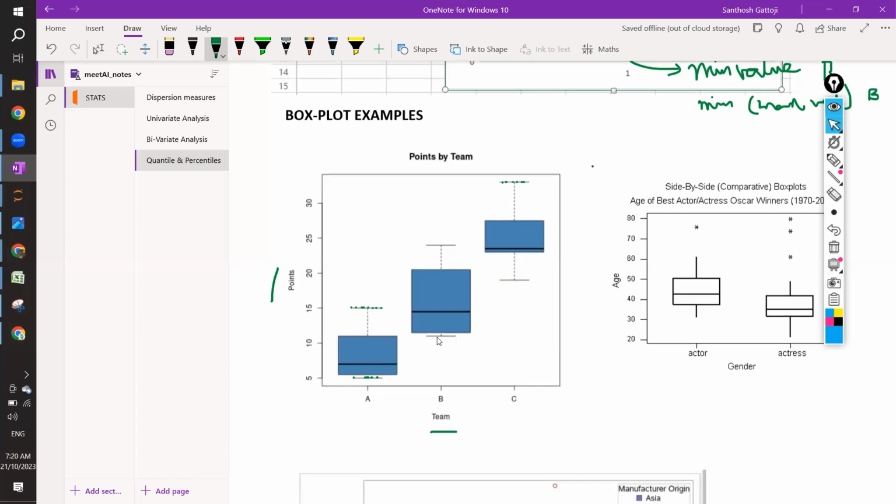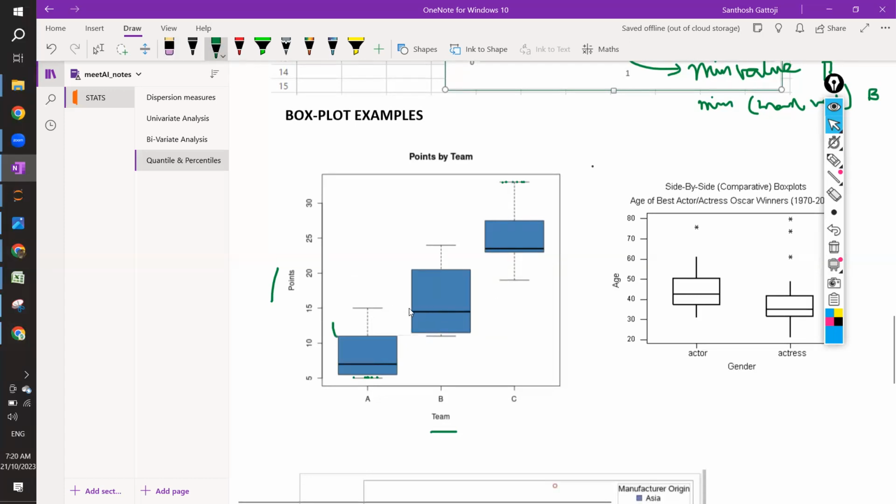Fine, team B, the team B minimum value itself starts from Q3 of team A. Okay, this is Q3 of team A, right? Agree. And also if you see, the median is almost matching with the maximum value of team A. Team A's maximum value is almost the same as team B's median value.